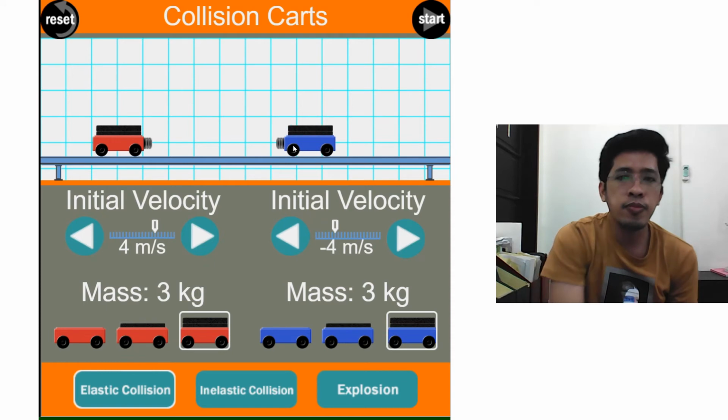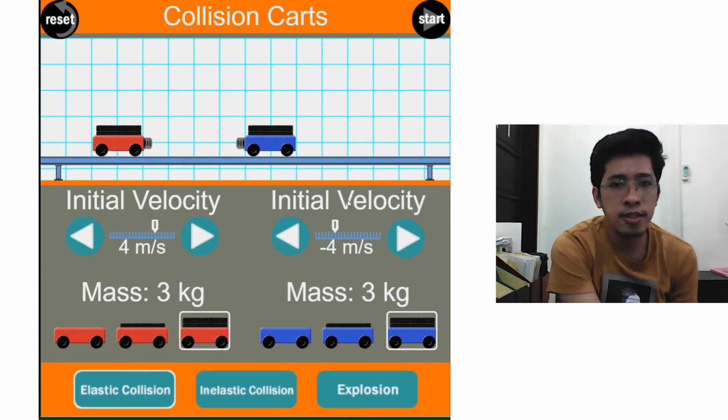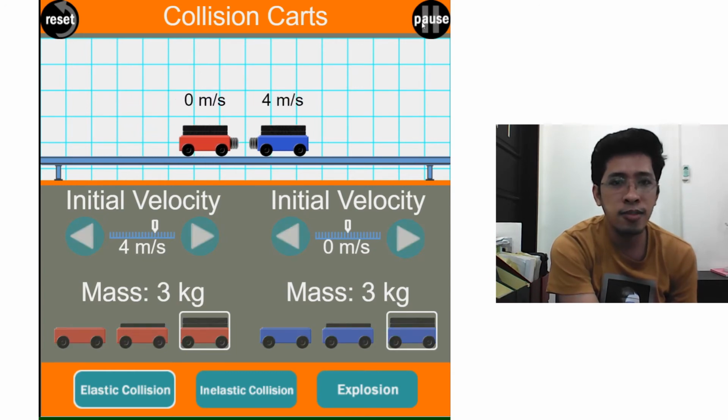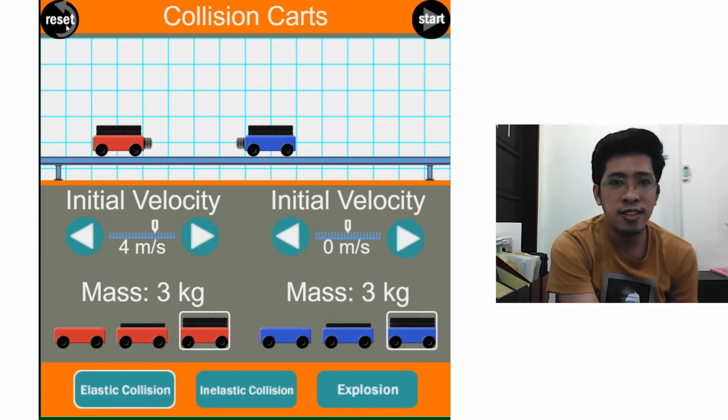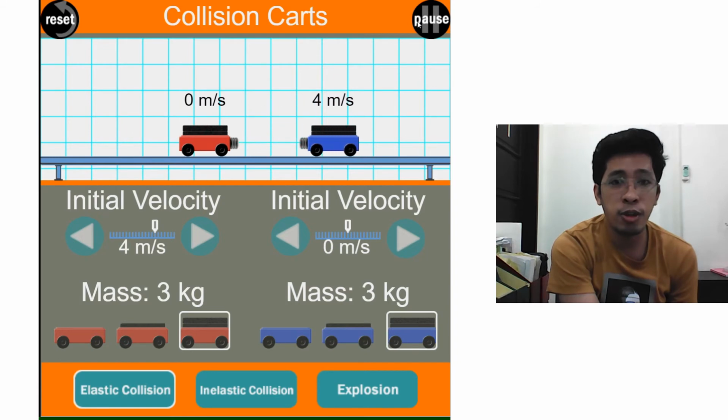But initially, let's have your blue cart have zero velocity, meaning your mass 2 is at rest. And as you can see, the kinetic energy of cart A was totally transferred to your cart B, the blue cart.